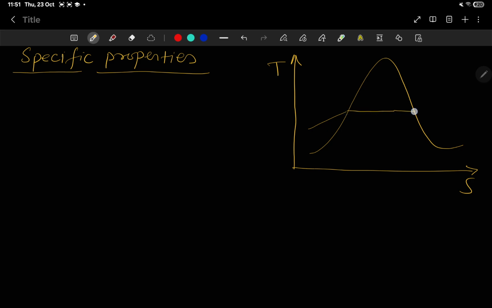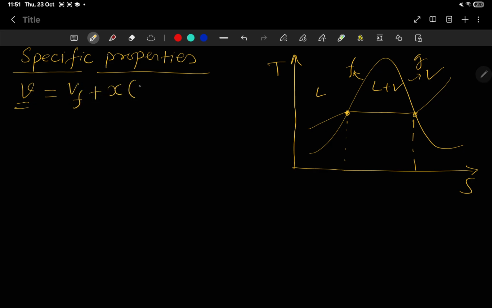Here we have liquid, this is liquid plus vapor, this is vapor, and this line is F and this line is G. We have written that the specific volume in the wet region is Vf plus x into (Vg minus Vf).